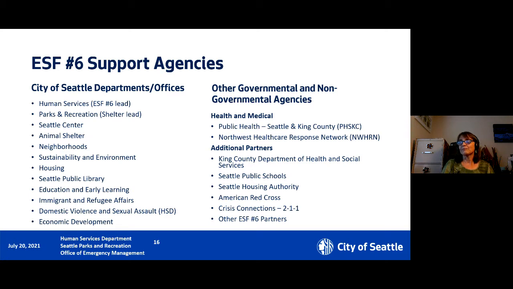There's also Seattle Public Schools, Seattle Housing Authority, American Red Cross, Crisis Connections, or you may know them also as 211. On a state level, it can also include the Department of Social and Health Services. On a federal level, it can include the Federal Emergency Management Agency, or FEMA, which is the federal ESF 6 lead, and the Administration for Children and Families, basically all the friends we can get.